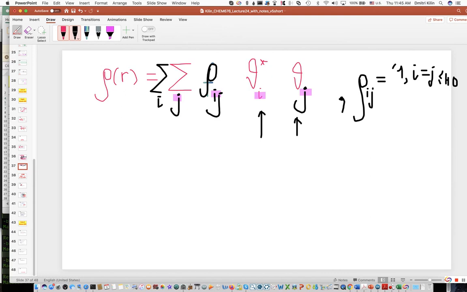And in all other cases, it will be 0, so if i is not equal to j. Under such a condition, we still can use this double summation. Okay?